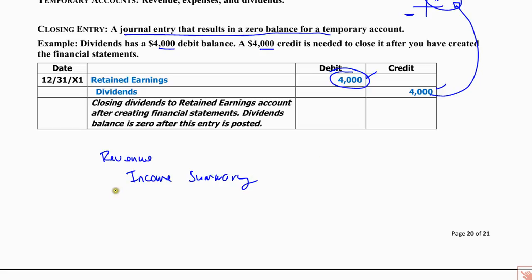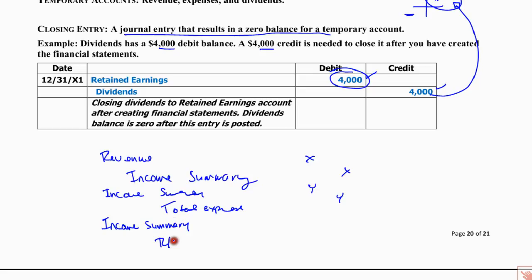And then you'll take income summary and total expenses, and then you'll close income summary, hopefully revenues greater than expenses, income summary to retained earnings.